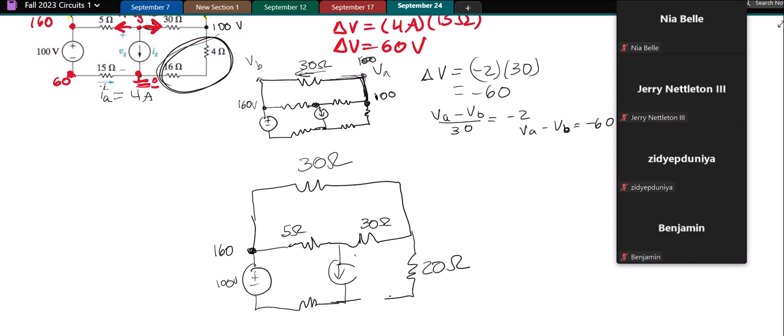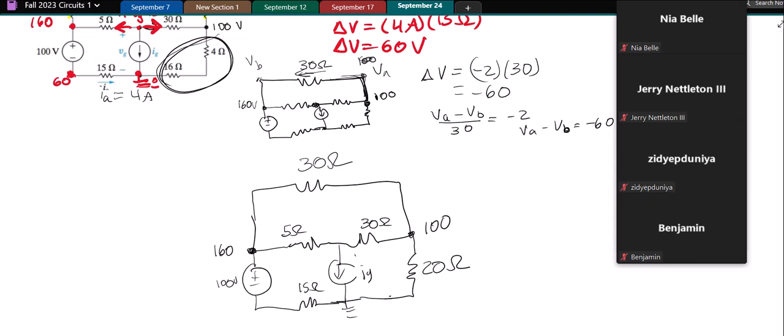This we said was IG. We had that this was 100. This was ground. This is 15 ohms. Alright, I believe that I can get a current going through this 20 ohm resistor right now.